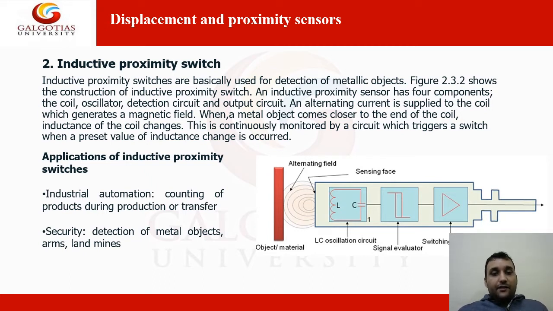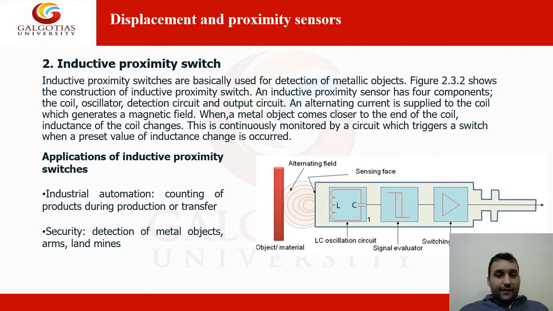When an object comes closer to this end of the coil, the inductance of the coil changes. This is continuously monitored by a circuit which triggers a switch when a preset value of inductance change occurs. So this is the switch, this is the signal evaluator, and this is the sensing phase.